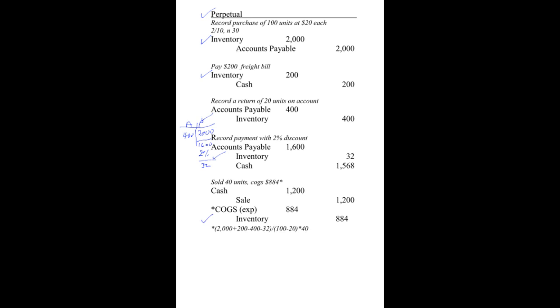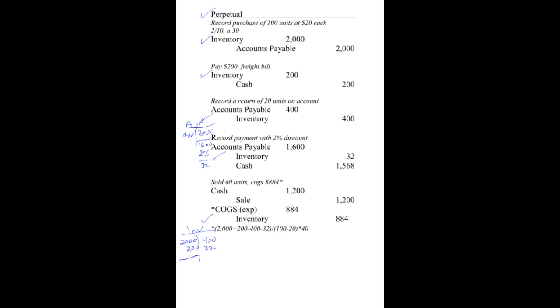How did we come up with that? Well, if you look at a T account for inventory, we can see the answer to that. We had $2,000 where we purchased inventory. We paid $200 freight. There was a $400 return, and we also had a $32 discount.